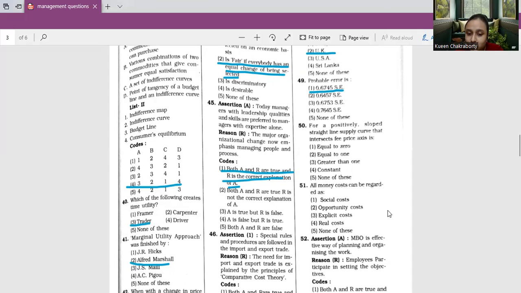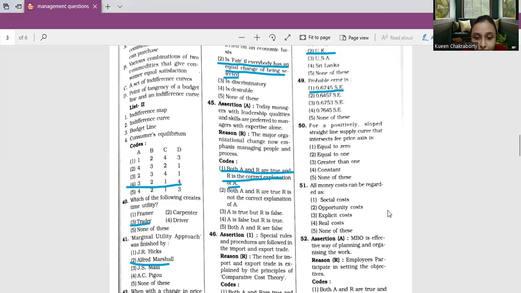Basically, if we imagine this supply curve in our mind, we can say that if the supply curve intersects the vertical or the price axis, supply is elastic, that is, e or the elasticity will be greater than 1 in any price range. If the supply curve cuts the horizontal or the quantity axis, then supply becomes inelastic, which is e is less than 1.